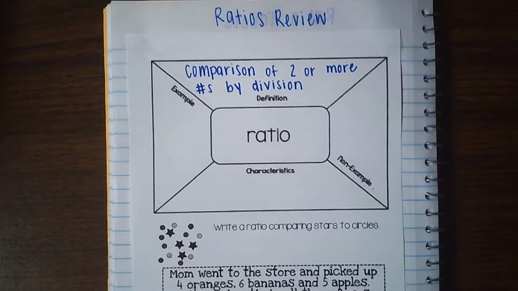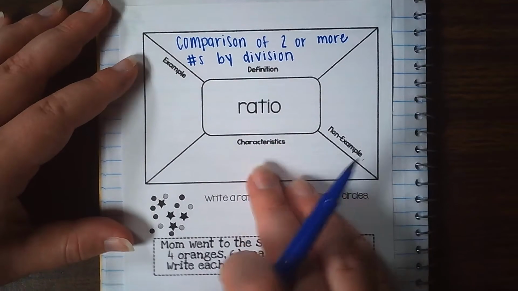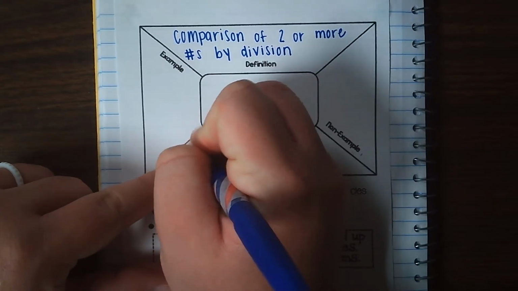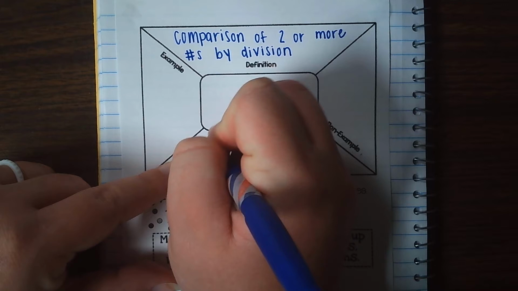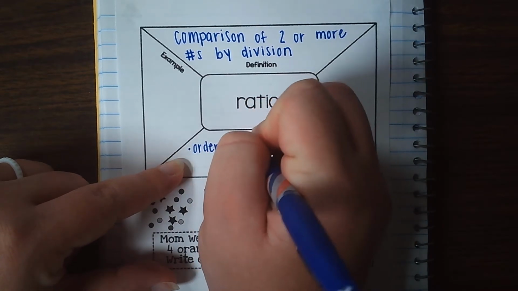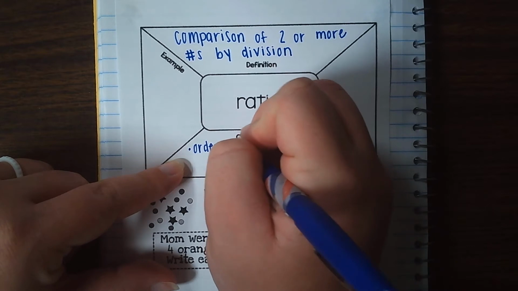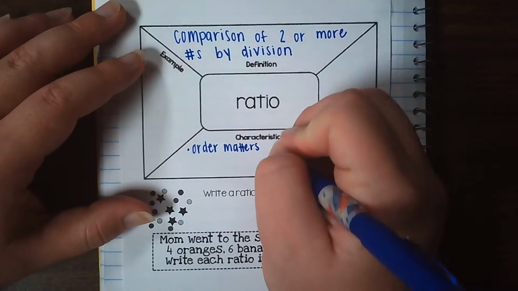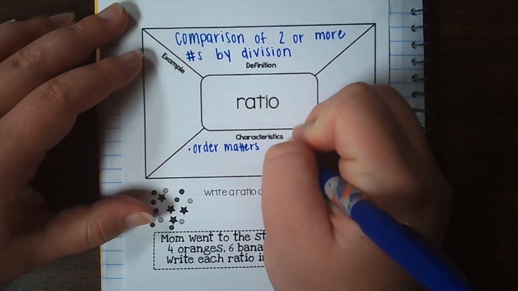Okay, and then we have some characteristics. I'm going to move down. We have to remember that order matters. We always simplify.